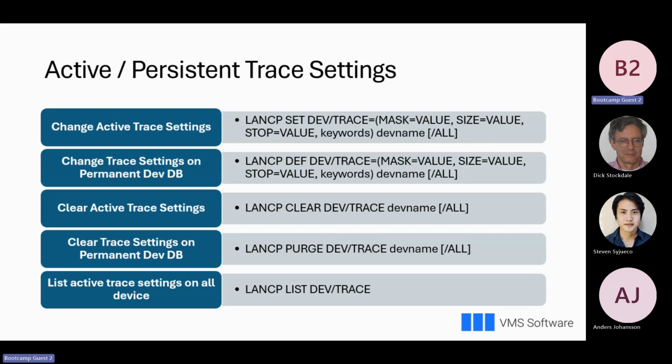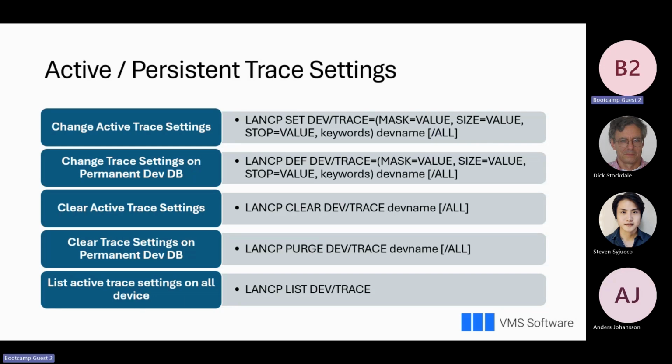Thanks for that, Sully. It gives you the list of the device, the version, the buffer size, even the MAC address, which the list trace doesn't give you. The list trace would only give you the trace mask and the stop mask, as well as the buffer size. So only LANCP related for that one.